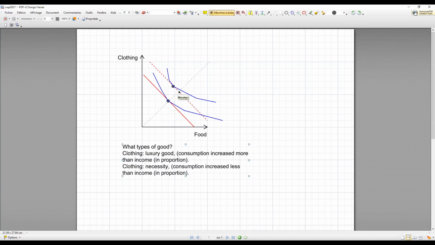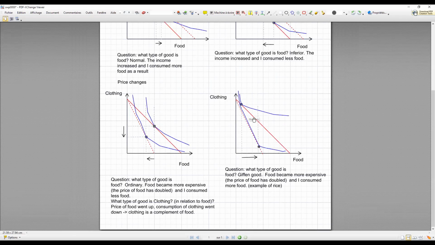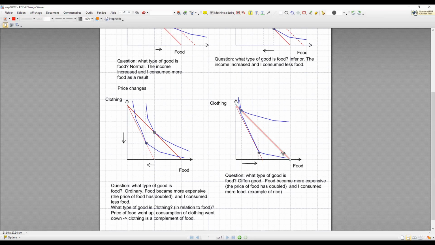Can you go back to the last sheet where it was the Giffen goods? Can you explain that, because I don't understand, please? Okay. So here, what happened? In situation 1, I have this budget line.